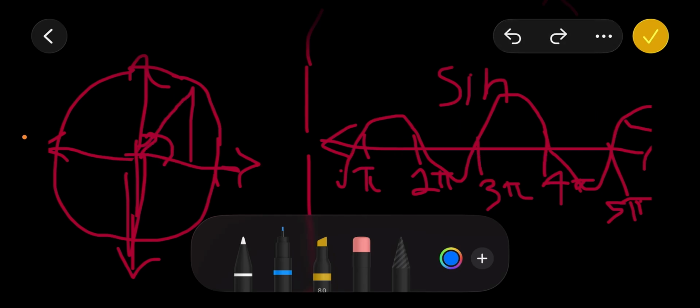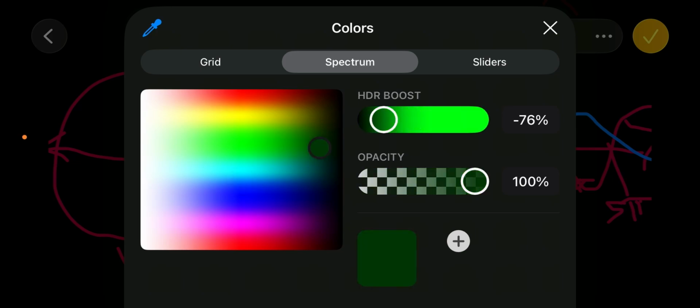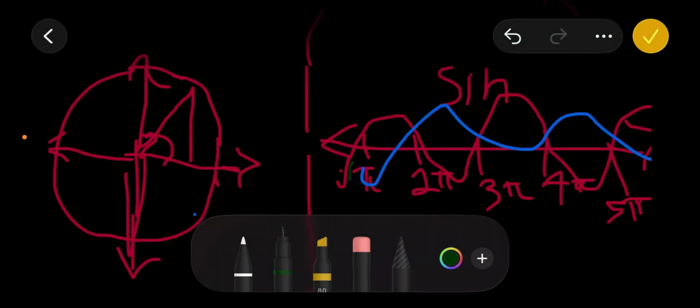And the tangent, you might not remember this, but tangent is actually just a line that touches a curve. The tangent will just be in green and it'll be like this.